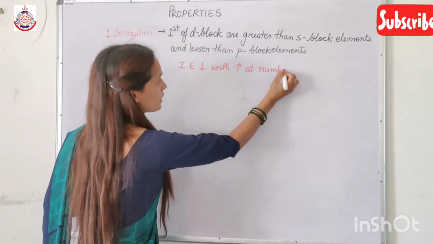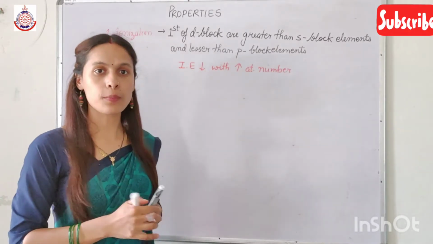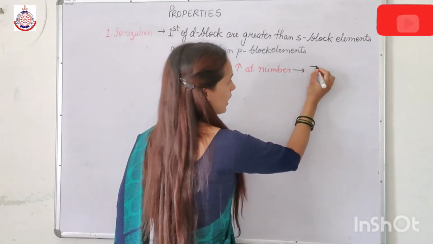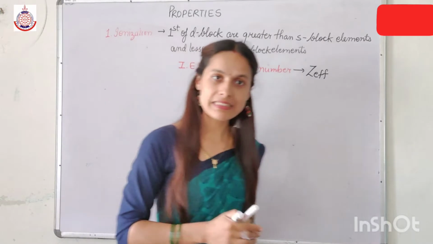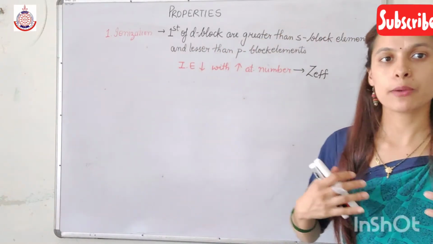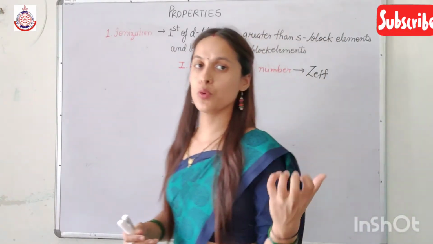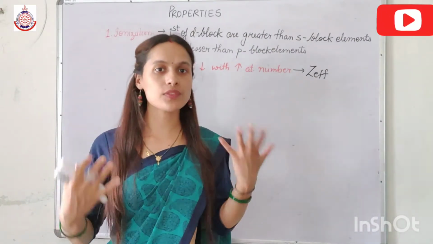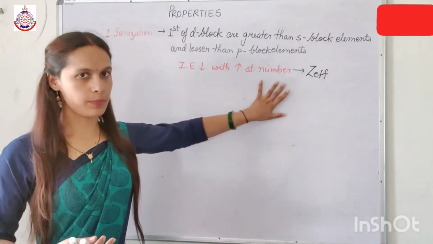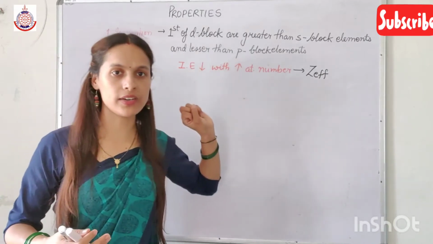This is because with increase in atomic number, effective nuclear charge increases, and due to this it becomes difficult to remove the electron from the outermost shell. This is the general trend.